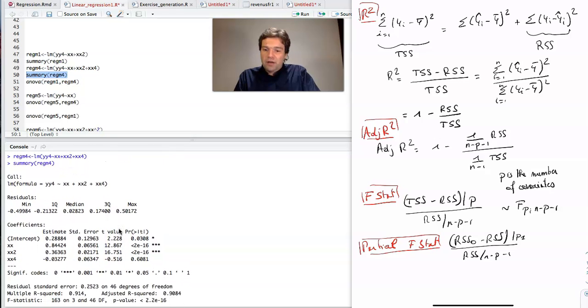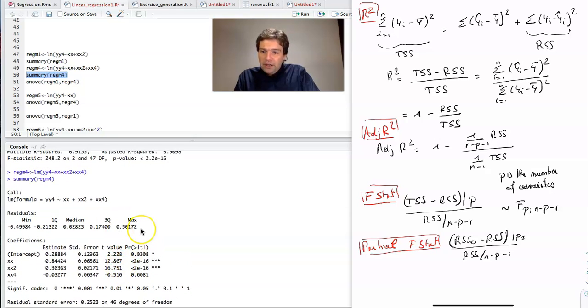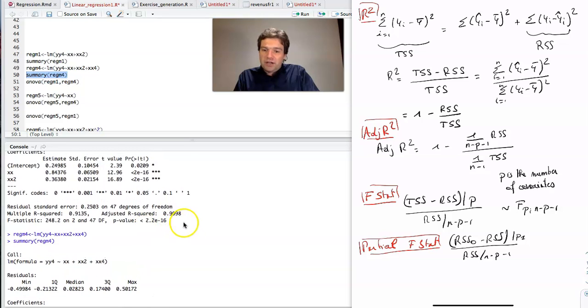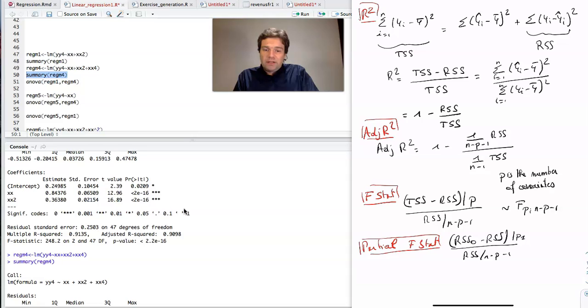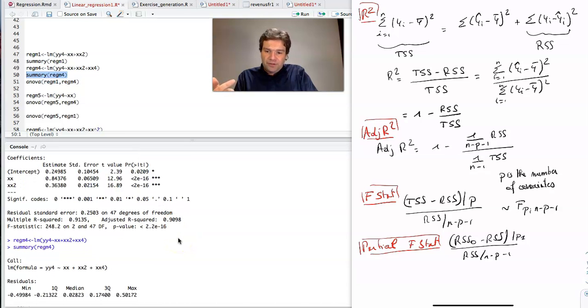And here we are going to compare the two adjusted R squares that we got in the two models that we defined. With two covariates that are important, age and education level, we have an adjusted R square of 90.98%.